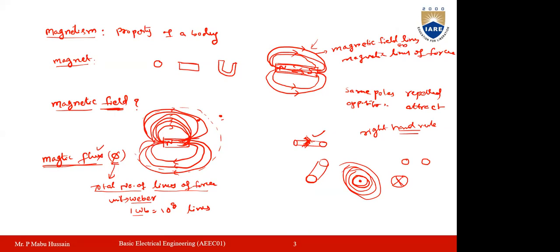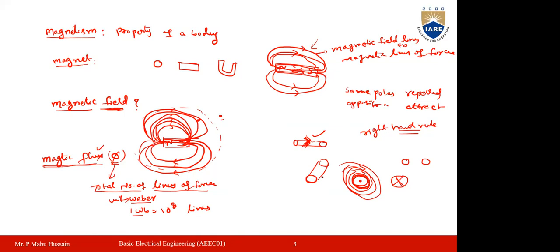Now if you take this conductor, which is carrying the current towards the observer, that means your thumb will be towards the observer. Now the curled fingers will represent the direction of the field.